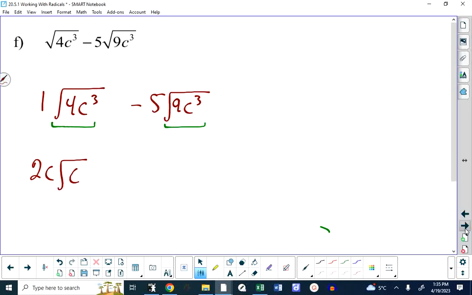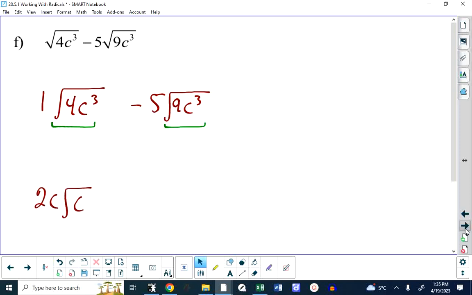By a show of hands, how many of you are okay with the fact that the square root of 4 times c cubed will be 2 times c times the square root of c? The reason is, there's a lot of different ways we can explain this. It's the square root of 4 times the square root of c times c times c, but it's a square root, so you extract pairs.